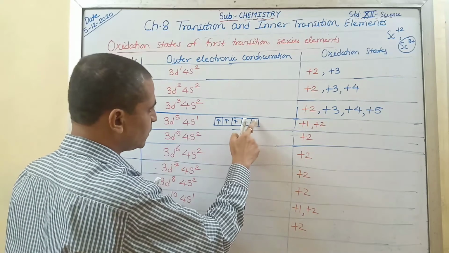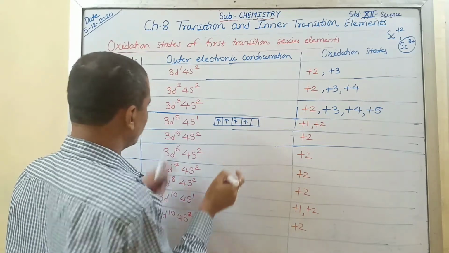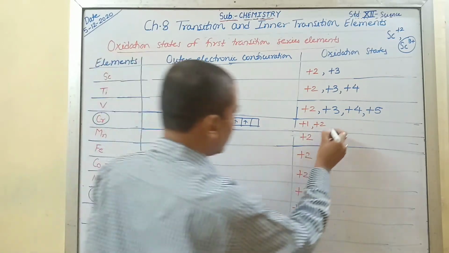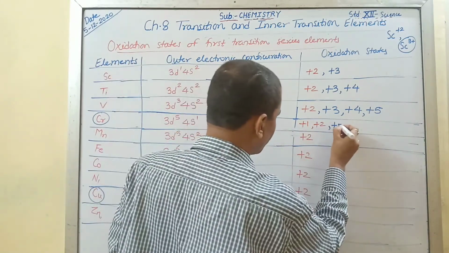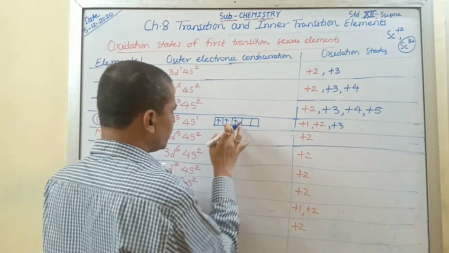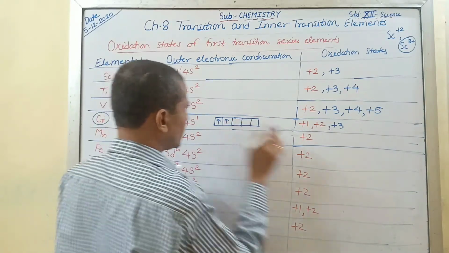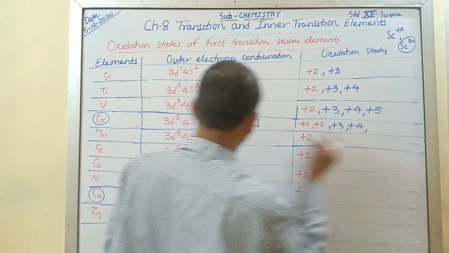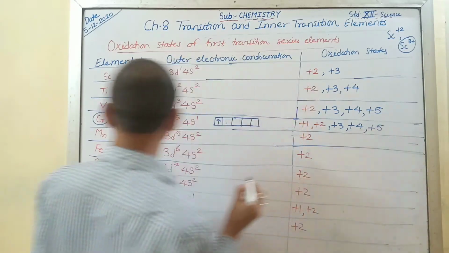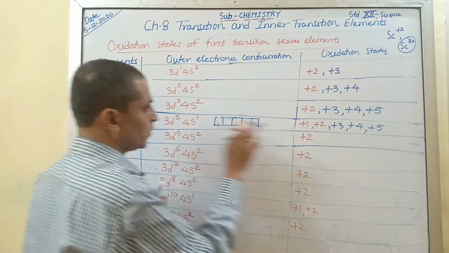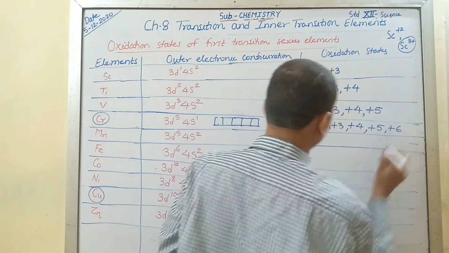One of the electrons is removed from this 3d5, so it becomes +2. Again one more electron is removed, so it becomes +3, then +4, then +5, then +6.